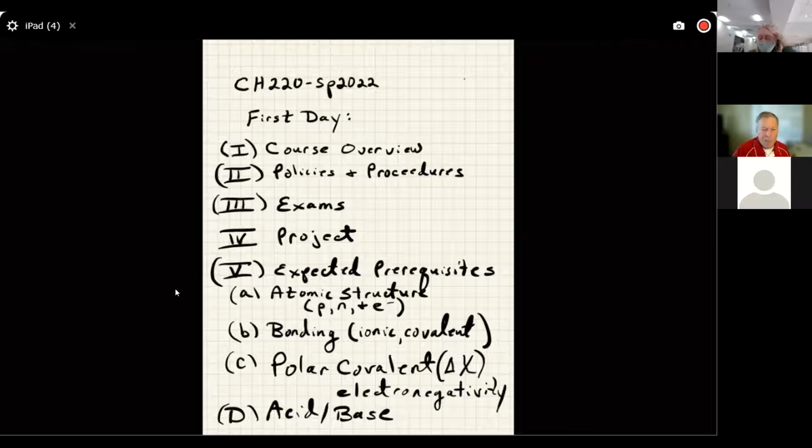Acid-base chemistry as it applies to Bronsted acids and bases: hydrogen H+ being donated or being taken away. The donors are acids. The group that's taking it away is the acceptor, that's the base. And we'll talk also about, especially for organic chemistry, probably even more important than Bronsted, Lewis acid-base chemistry.